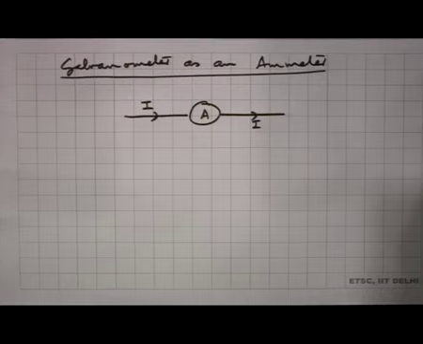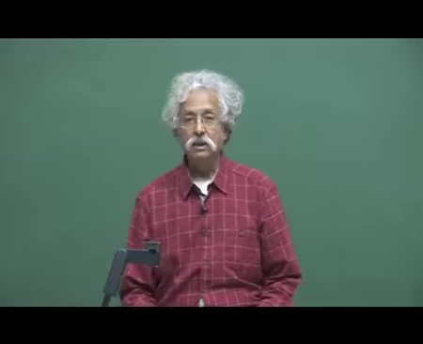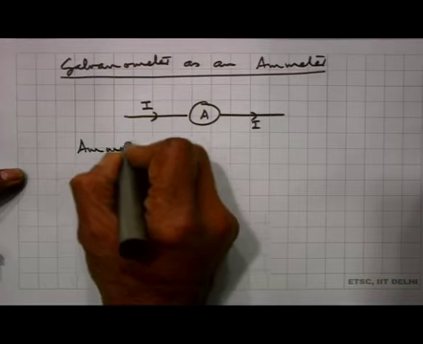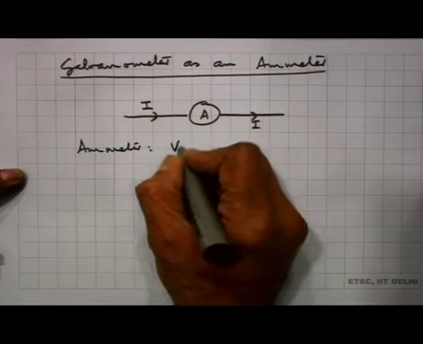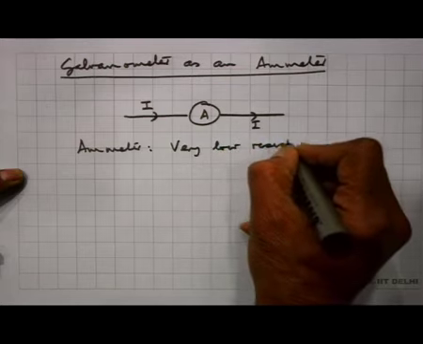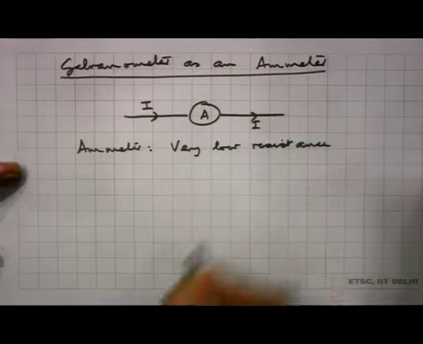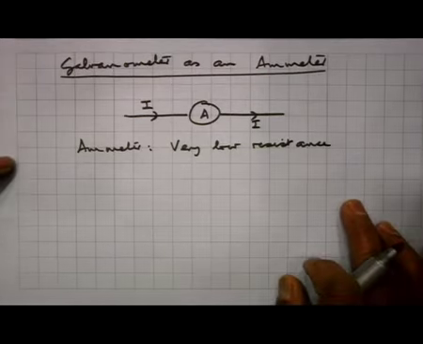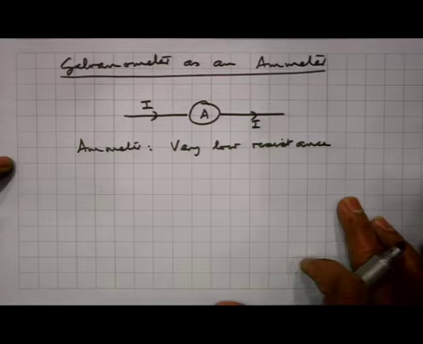My objective is to measure the current I, and so I must ensure that the ammeter which I connect must have very low resistance. In fact, in principle I should have an ammeter with 0 resistance. So, here 0 would imply essentially a very, very small resistance.